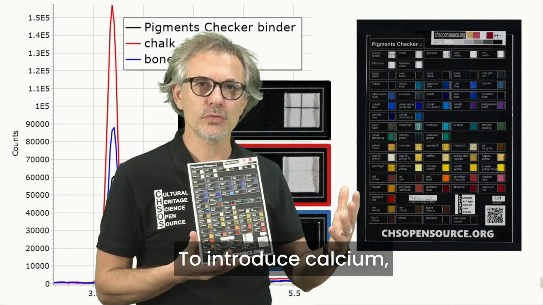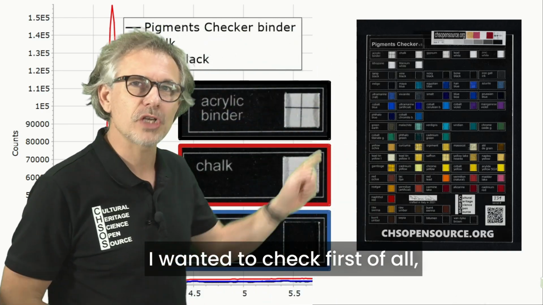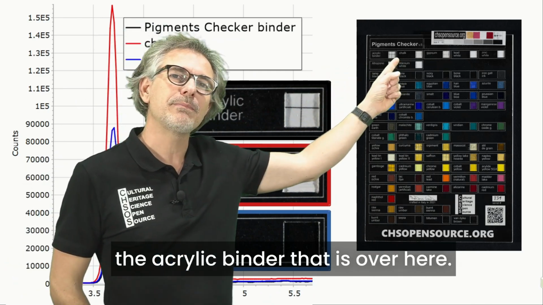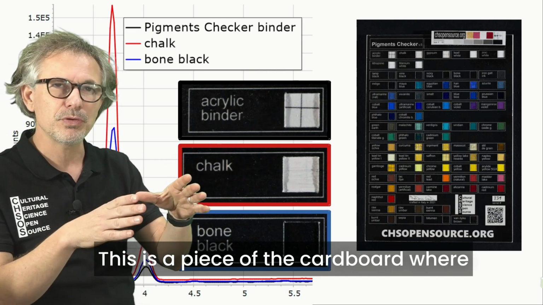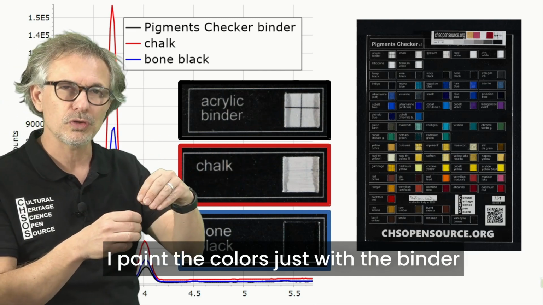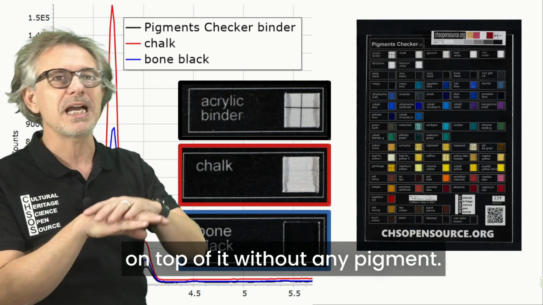To introduce calcium, I used the pigment checker. I wanted to check, first of all, the acrylic binder. This is a piece of cardboard where I painted the colors just with the binder on top of it, without any pigment.